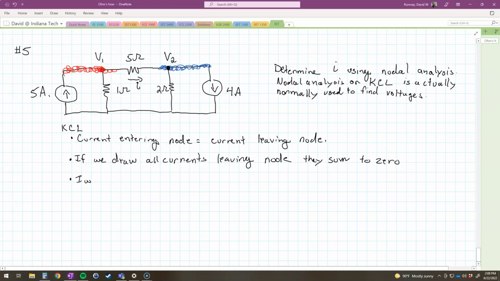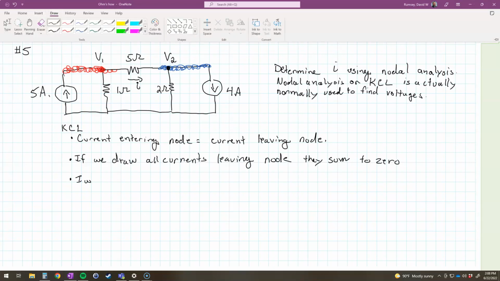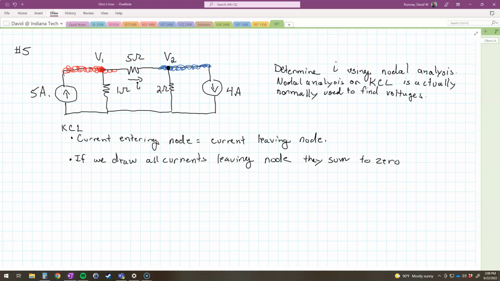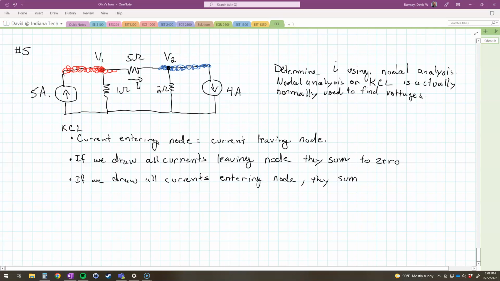And then the third one is very similar to the second one. That's if we draw all currents entering the node, they sum to 0. All right, so that's KCL, and then nodal analysis we use here.